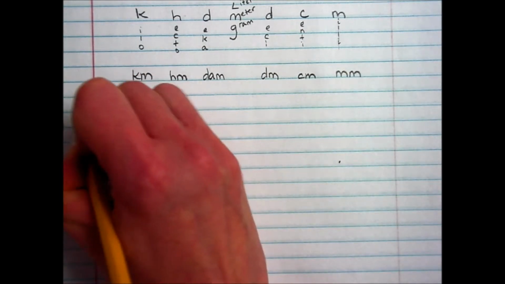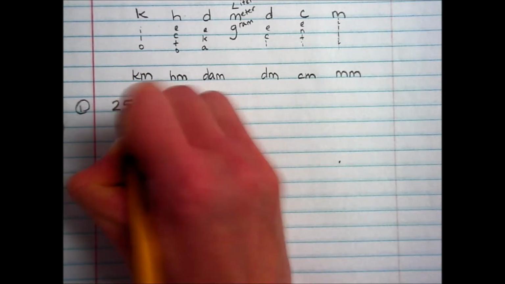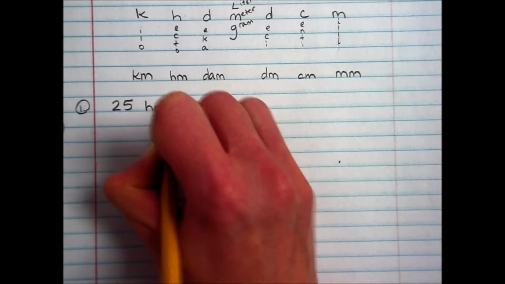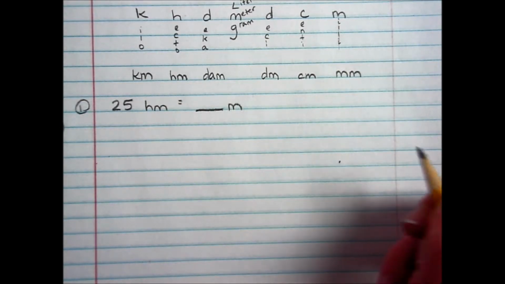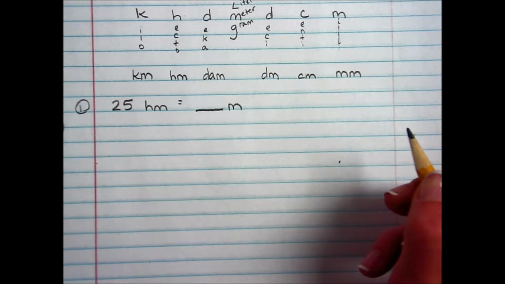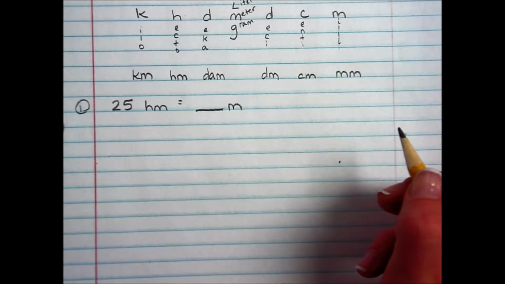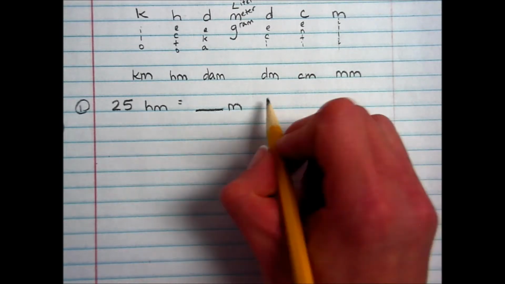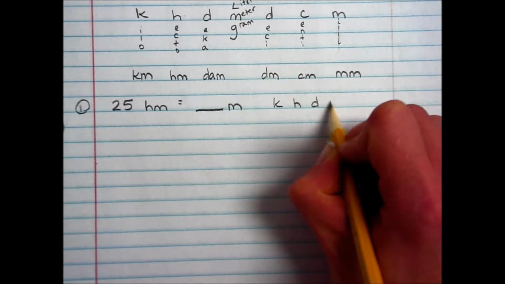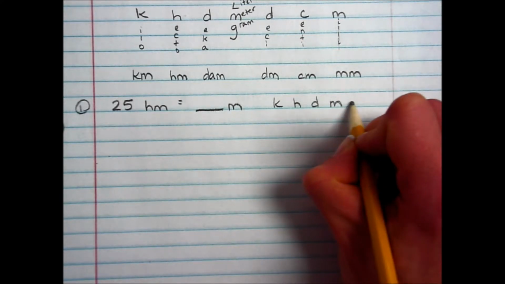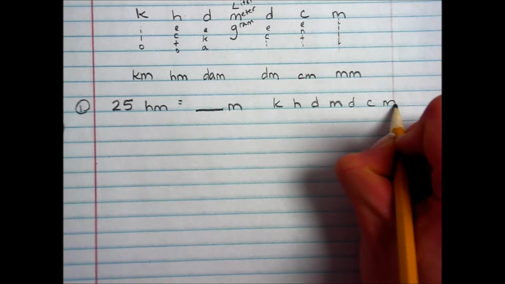Problem 1. Let's say we have 25 hectometers, and we want to know how many meters that is. Step 1 is we're going to write our little letters and say the phrase as we write them. King Henry died, and this time he died on Monday because it's meters, drinking chocolate milk.